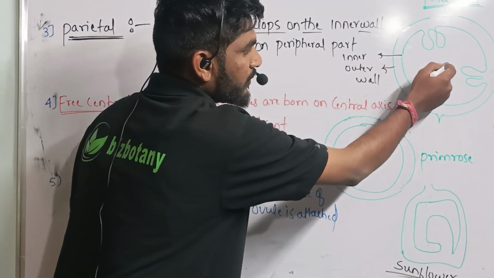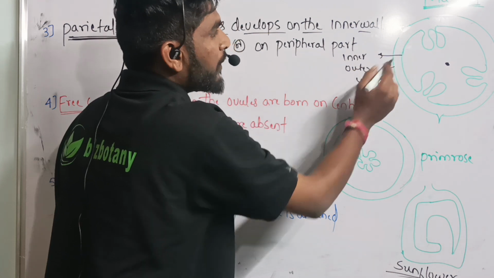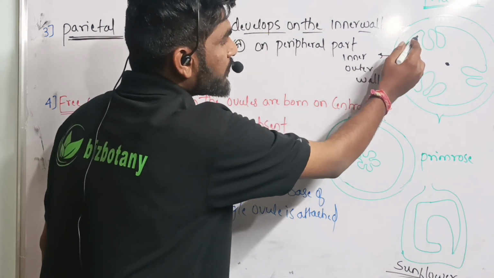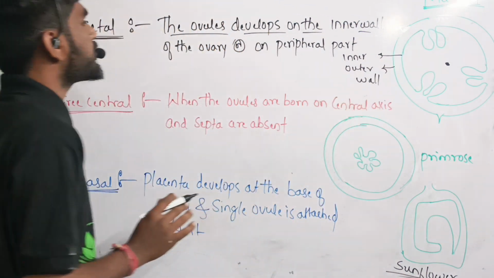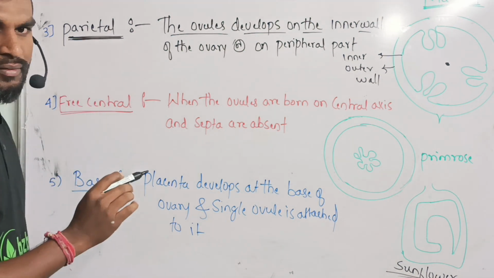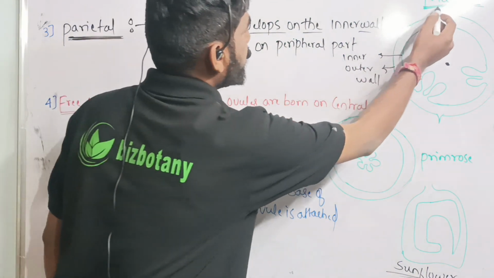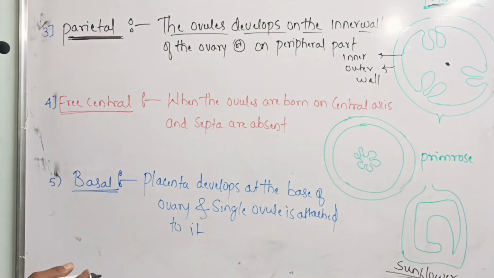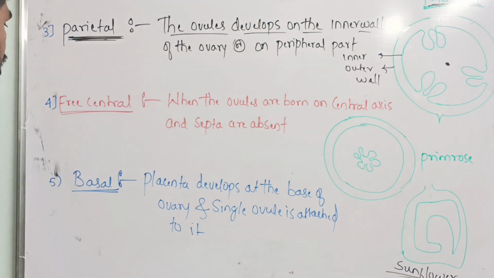This part we call the central part, and this outer part we call the peripheral part. Such type of arrangement of ovules, we call it parietal placentation. An example for parietal placentation is mustard. In mustard plants, you can see the parietal type of placentation.